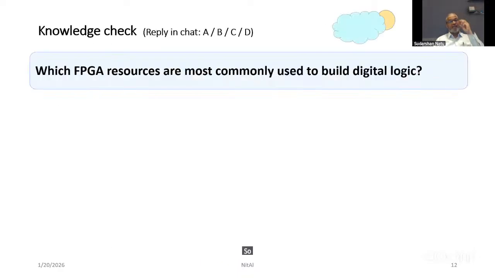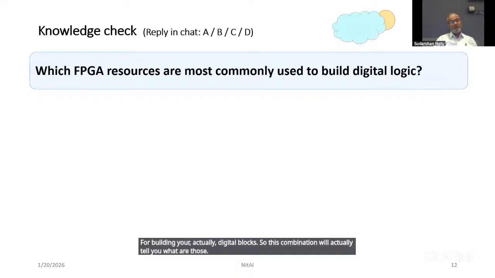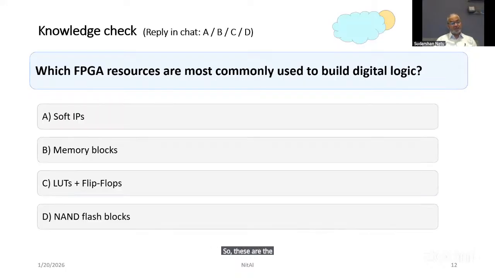So let's take another small quiz. Which FPGA resources are most commonly used for building your digital blocks? This combination will tell you what those are. So these are the 4 options. If you really look at this, please use your chat box and see what answer you can come up with out of the 4 options.